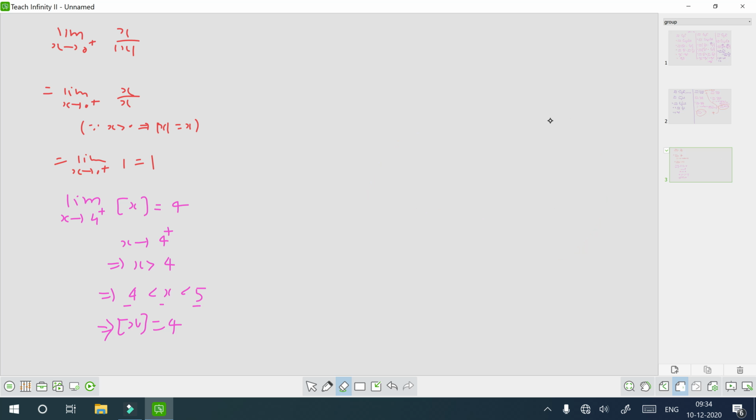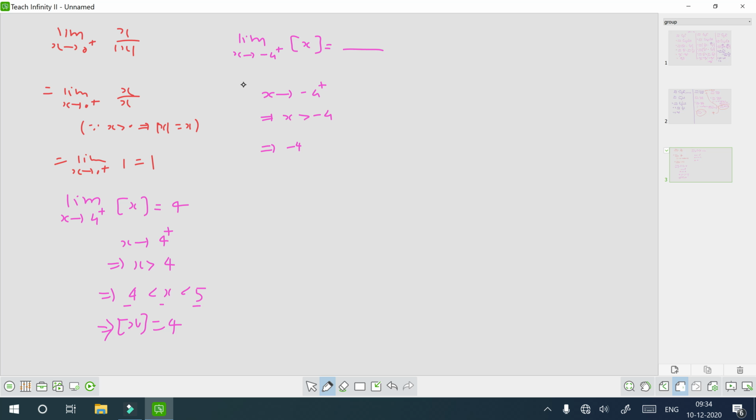Now let us see limit x tends to minus 4 plus integer part of x, is equal to what? X tends to minus 4 plus implies x greater than minus 4.